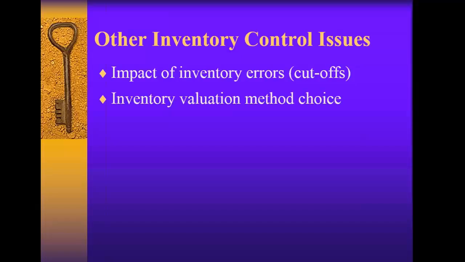We need to understand inventory valuation. A process that we go through related to inventory valuation is what we call the lower of cost or market. Basically, what we're saying in lower of cost or market is that if the inventory has lost value, then we're essentially needing to create a reserve, and this reserve lowers the value of the inventory and then creates an expense that becomes a part of our cost of goods sold.